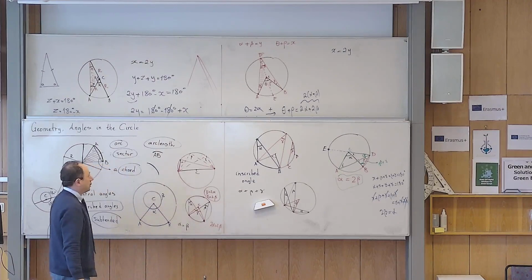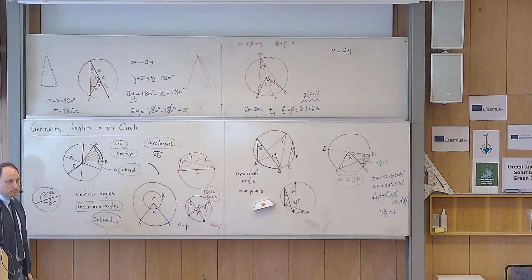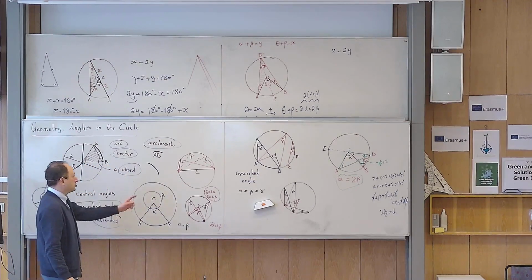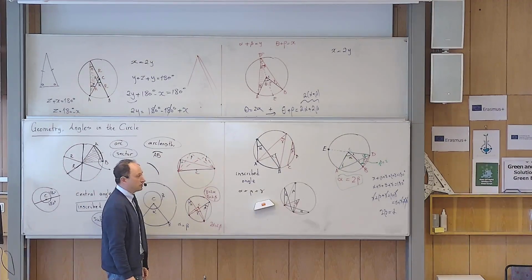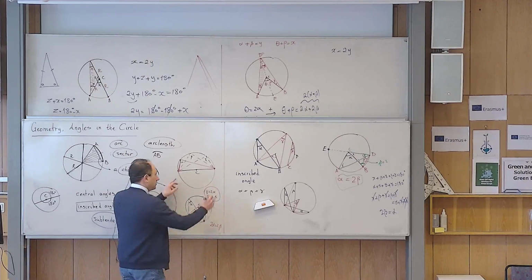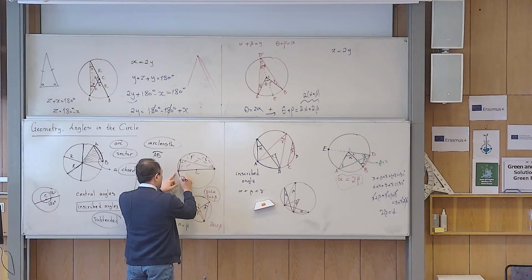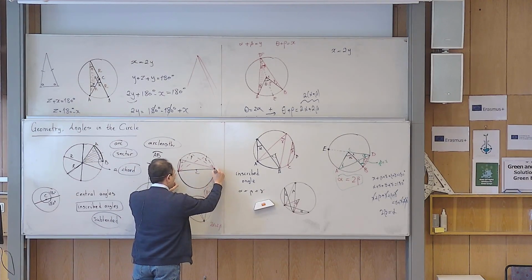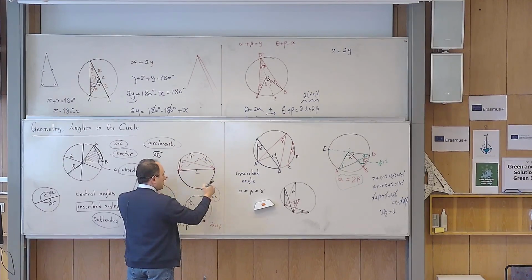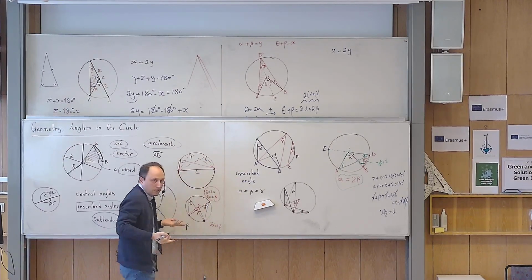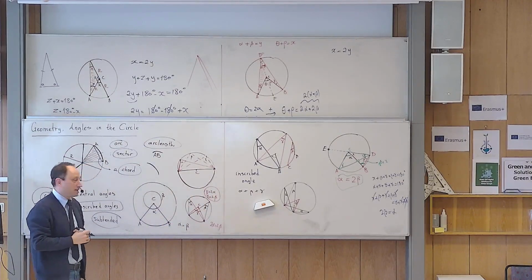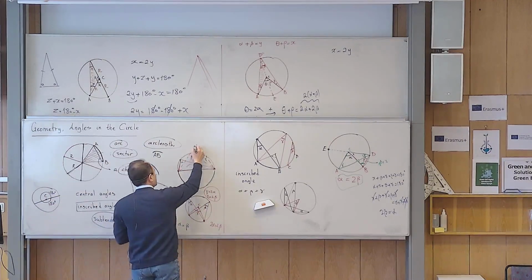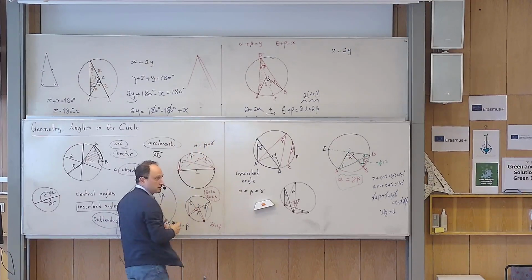Do you see why alpha, beta, and gamma are equal? All of them are what type of angles? Inscribed. They are opposite to the same arc. What is that arc? This arc. All of them are inscribed opposite to this big arc. So the size of all these angles are the same.